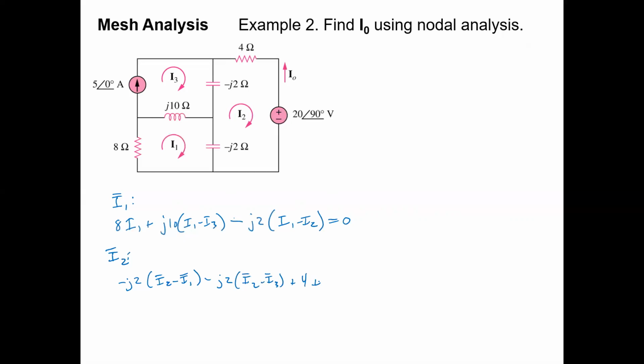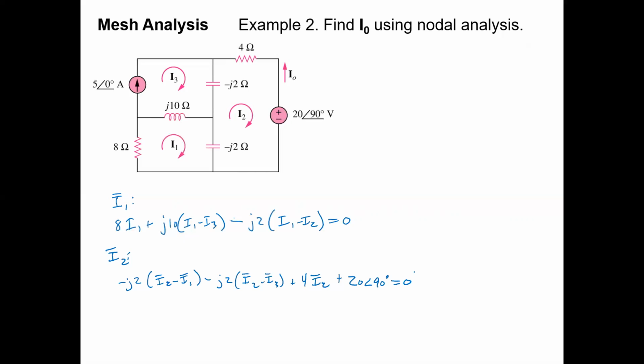Plus 4I2. Oh, but there's one more thing. Plus 20 angle 90 equals 0. That's your I2 mesh.